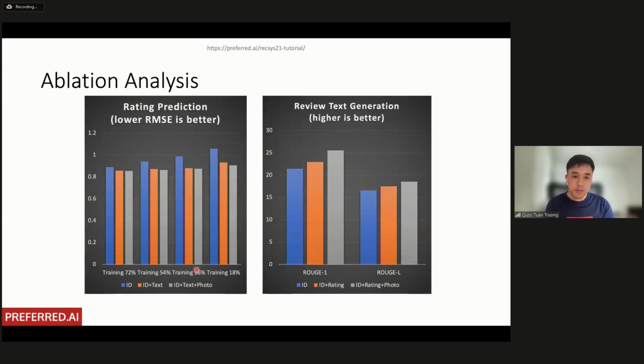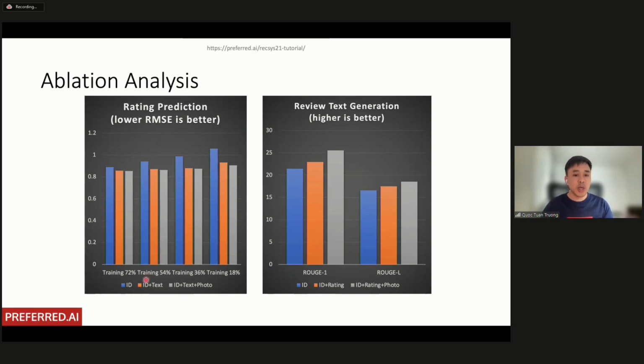If we only use learned embeddings, in blue, we only have a user and item, so we try to learn the user and item embeddings and predict the ratings. Basically, that is similar to the NCF model, and this is the rating estimation error that we can achieve.